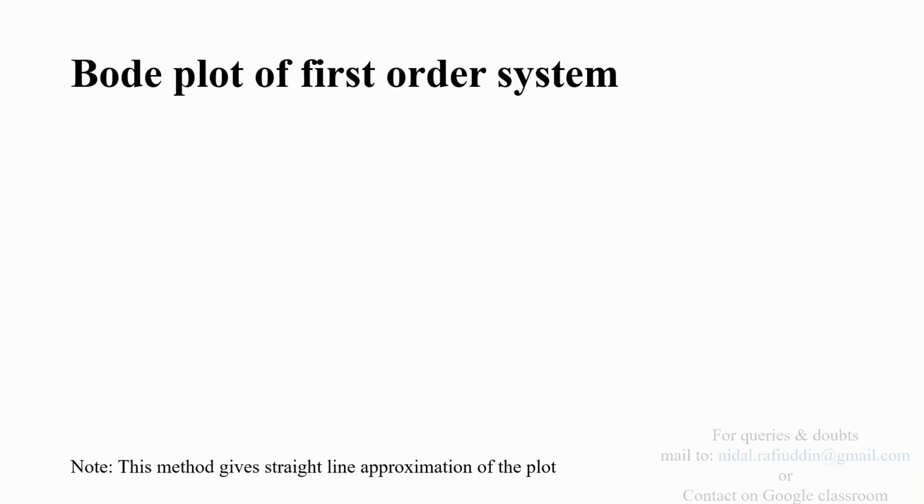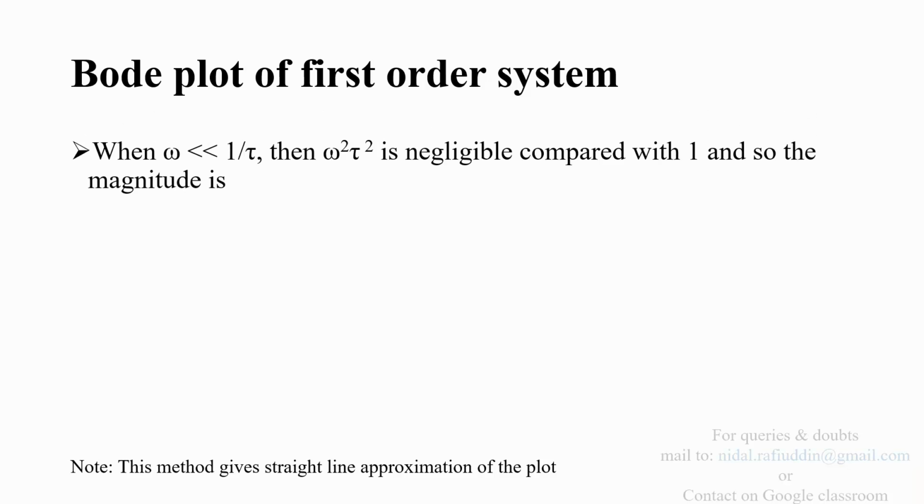So if you draw the Bode plot using software like MATLAB, you will be obtaining the exact plots. But when you draw the Bode plots by hand, by the approaches mentioned here, they will be the straight line approximation of the actual or exact plots. This is the reason why they are approximate plots, because there are certain assumptions that we'll be taking when we draw Bode plots by hand.